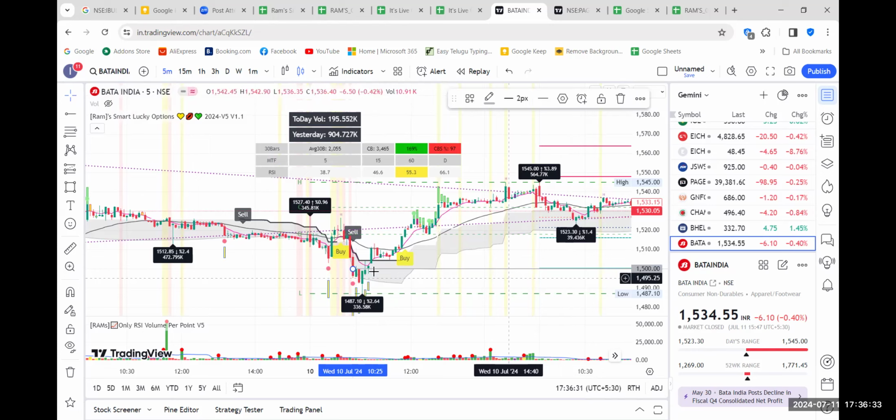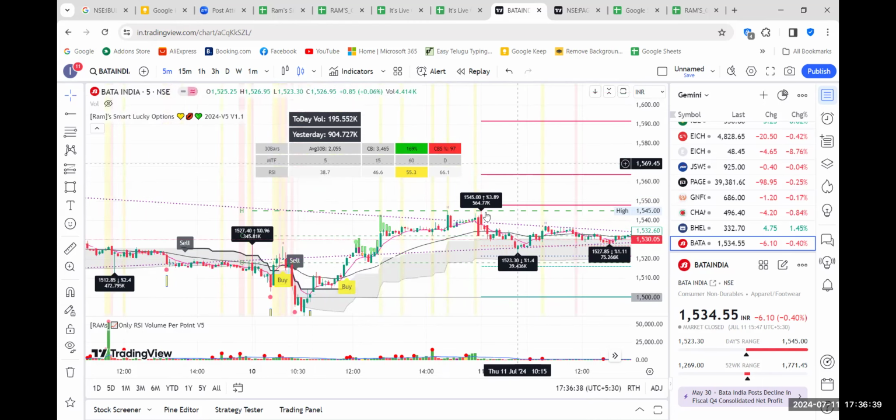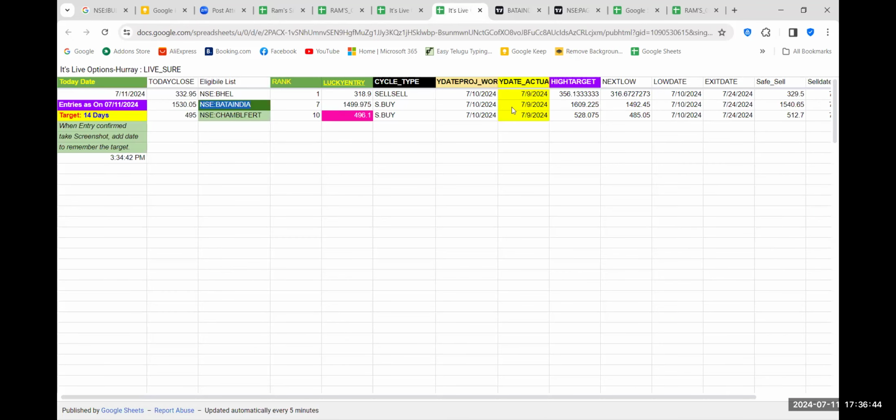Then from here onwards the price has moved, it reached 1545, whereas our target is 1609. We projected that by July 10th it must come to this price level, 1499. Actually it came a little bit early, one day before.